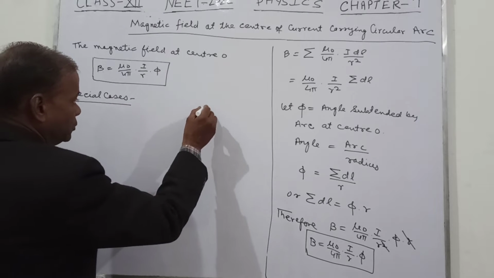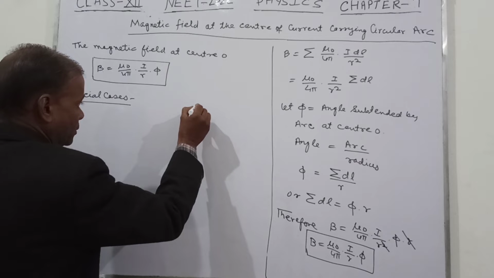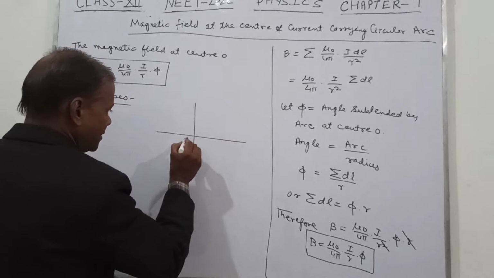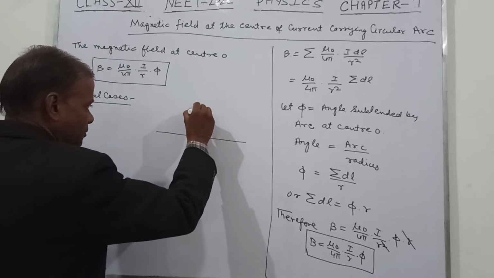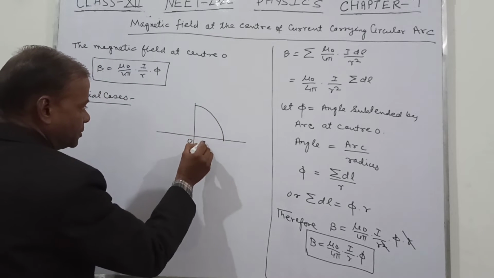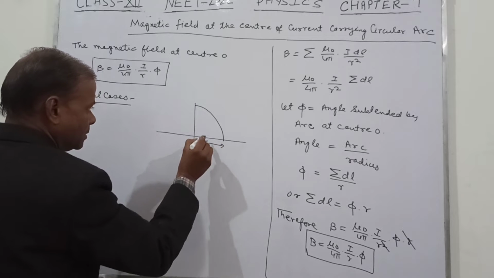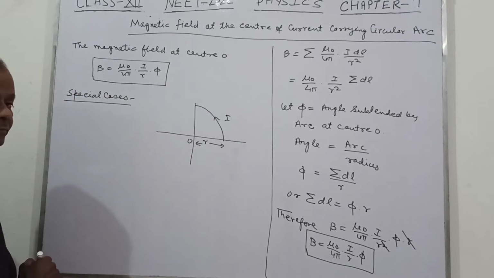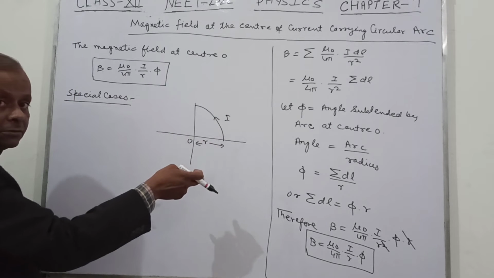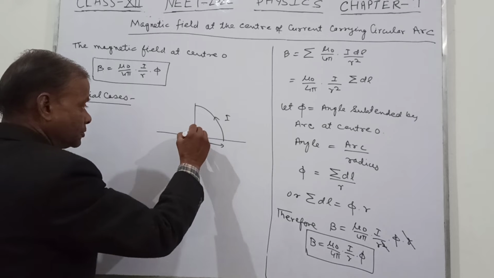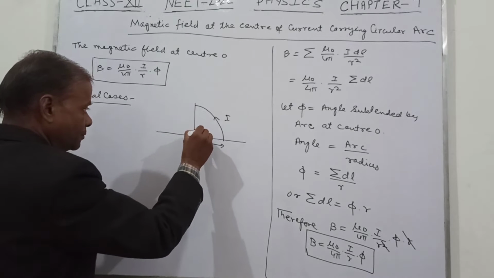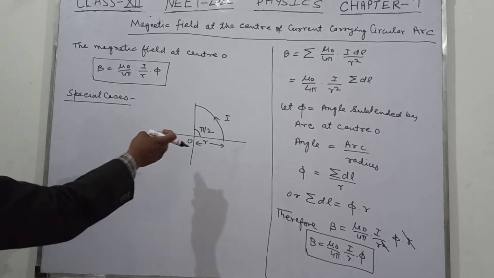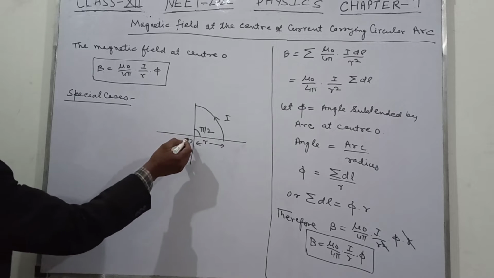Now suppose you are given a circular arc like this. I am taking this as the center. This is the circular arc, and this is the radius. It is carrying the current I. So this is the 1/4 part of the circular coil, so this angle is pi by 2.